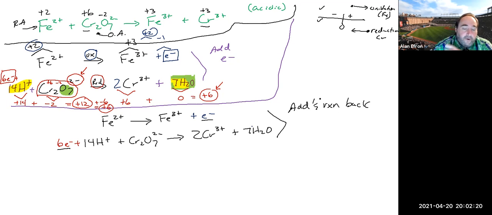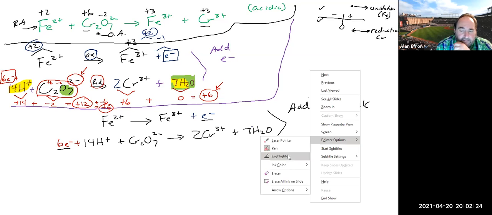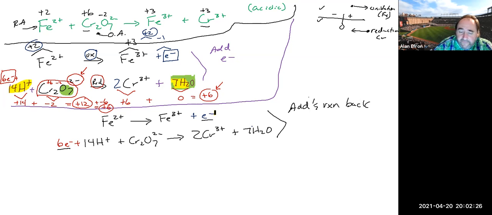But there is a problem in this case because if you remember earlier on, we talked about before you could add these reactions back together, you must always have the exact same number of electrons in each half reaction. And we really don't in this case, right? We have 1 electron in the first half reaction, but we have 6 electrons in the second half reaction.